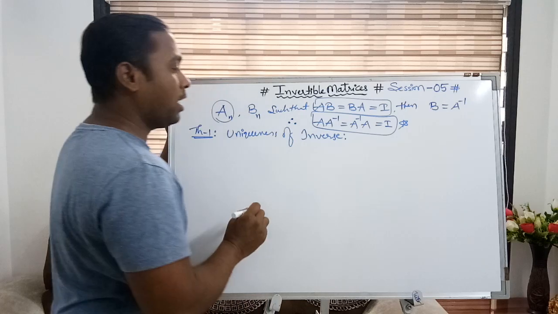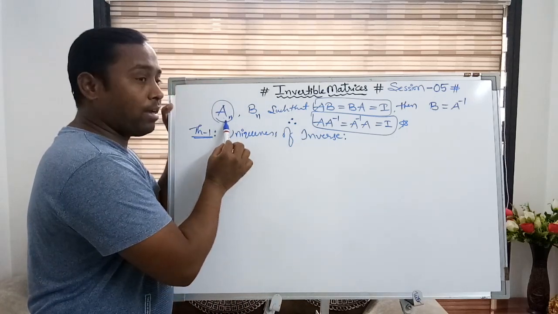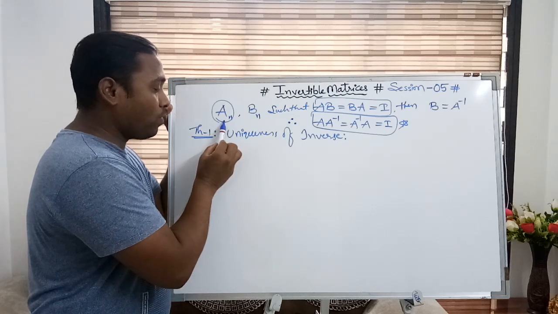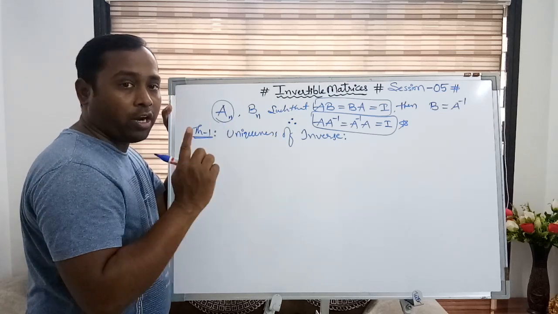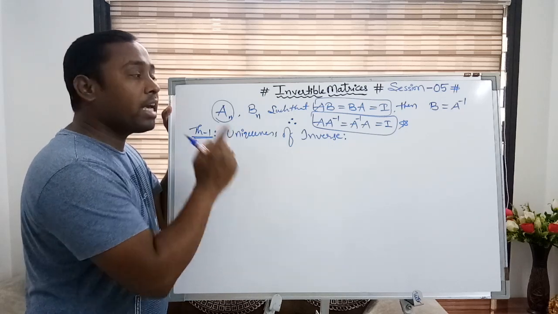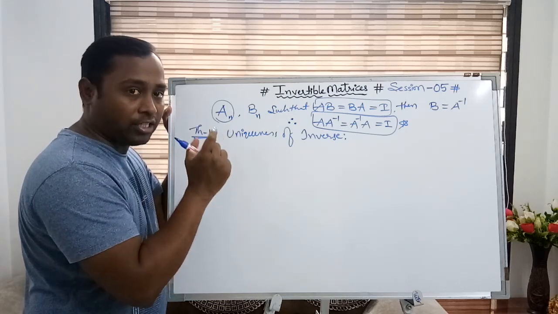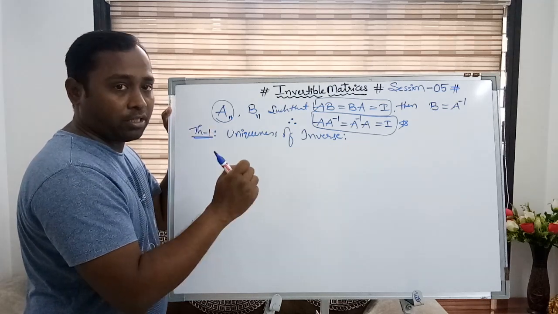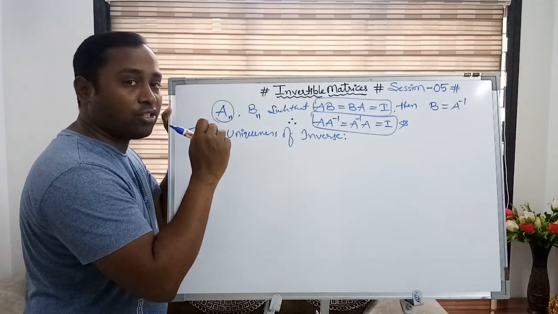We are talking about the fact that if the inverse of a square matrix exists, it's always unique. It means a square matrix can have one and only one inverse, just like in a function. If it is a bijective function, that bijective function is invertible and its inverse is unique.